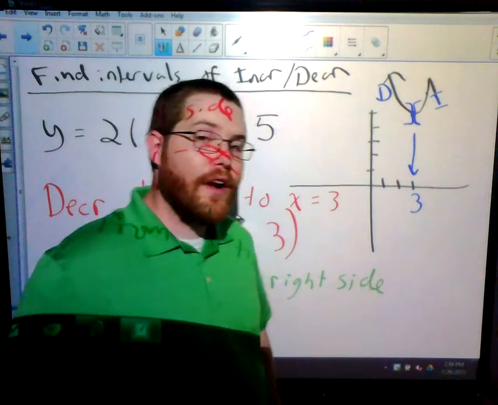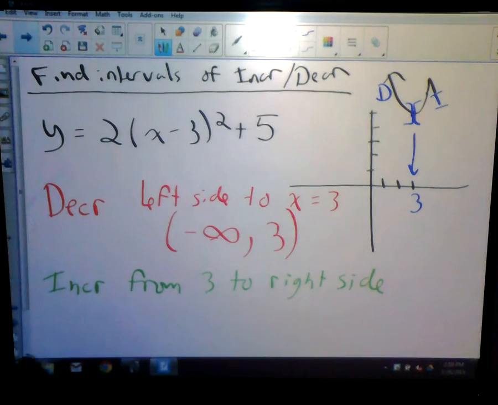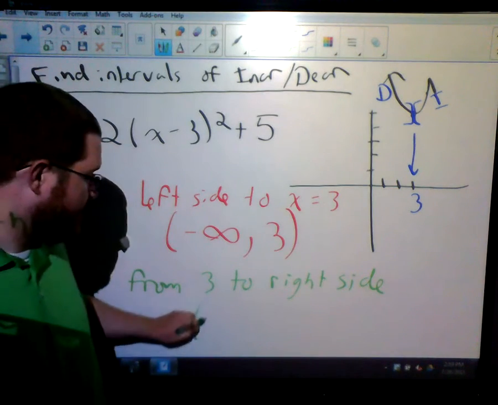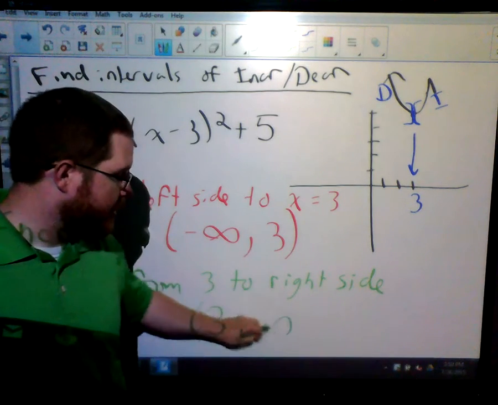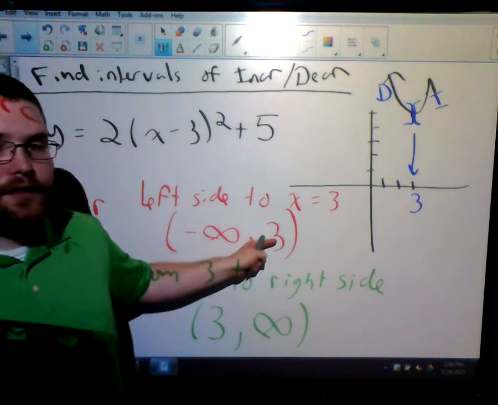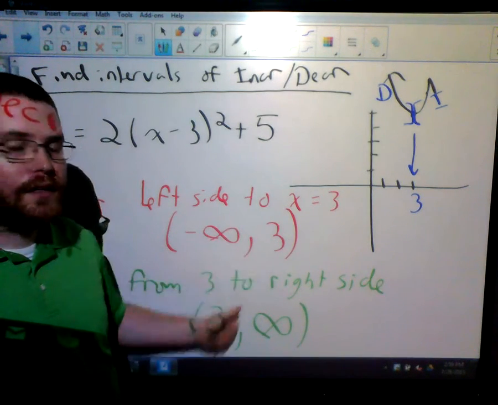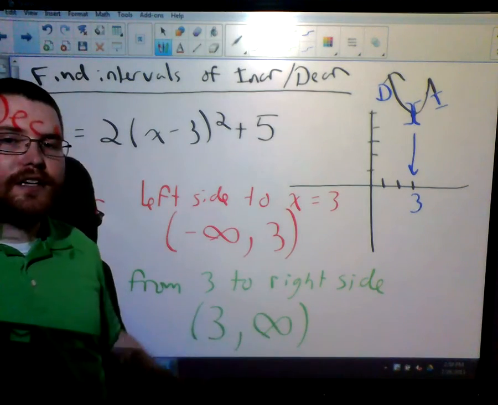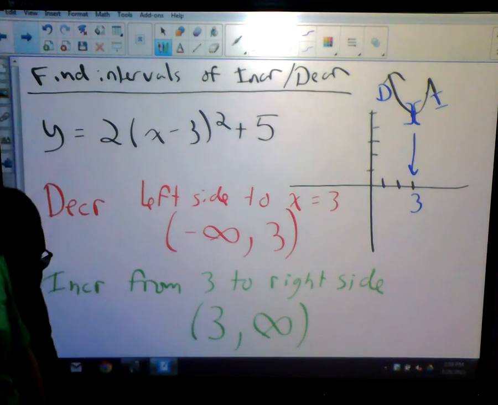Again, I'll never write it like that. How do I say from 3 to the right side? It starts increasing at 3, and it goes to the right forever. So it's decreasing from -infinity to 3, or from the left side to 3. It's increasing from 3 to infinity, or from 3 to the right side.